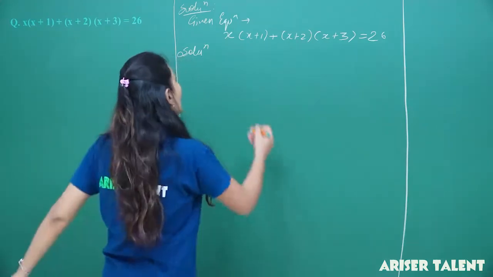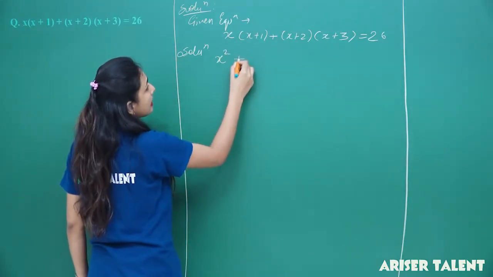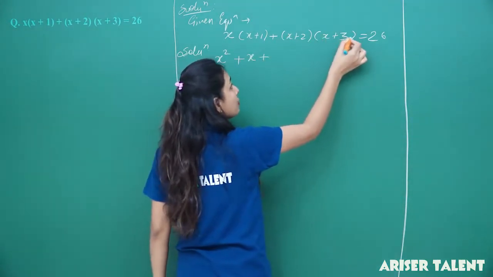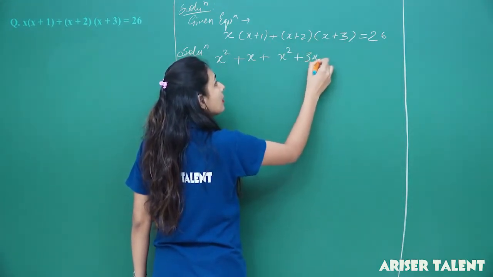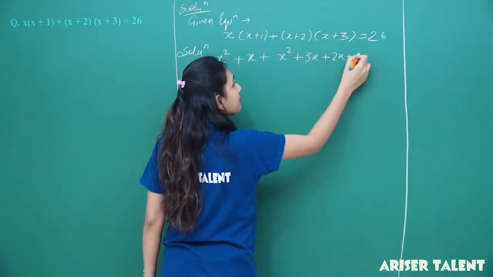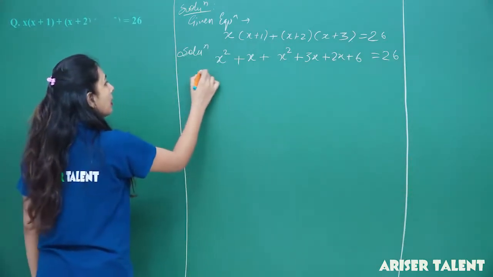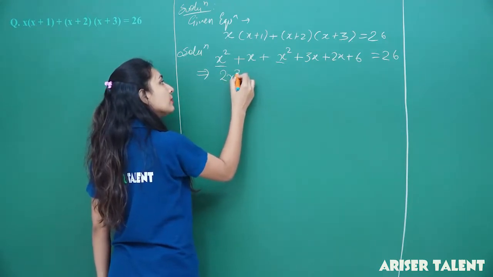Okay students, so let's find out this. That will be x square plus 3x plus 2x plus 6, and then x multiplied by x plus 3 gives x square plus 3x, plus 2x plus 6, equals 26. Again x square and x square will give you 2x square.